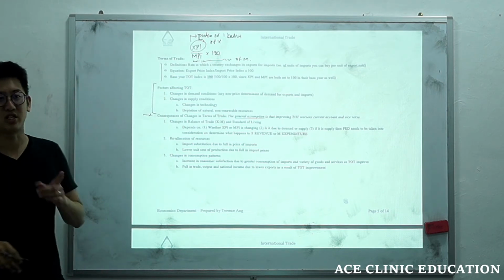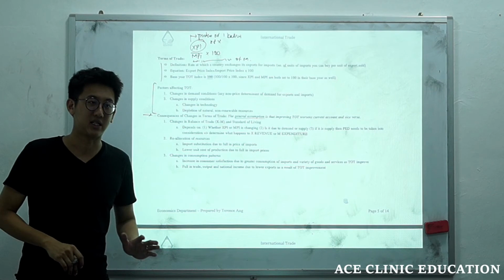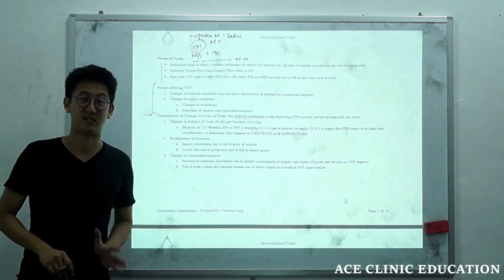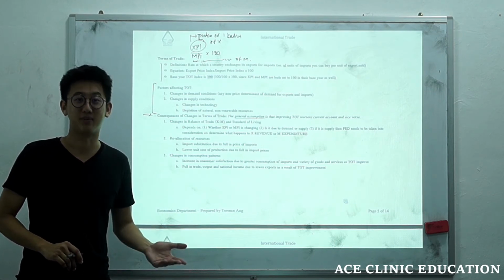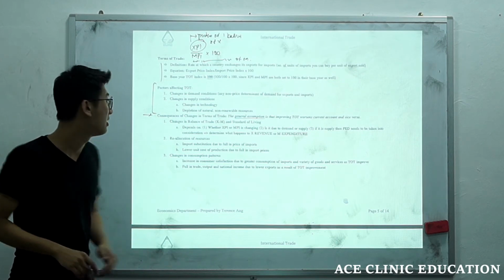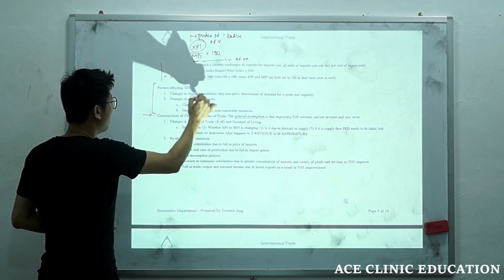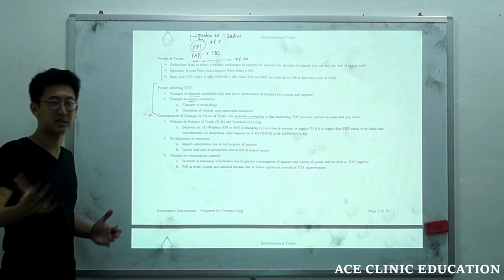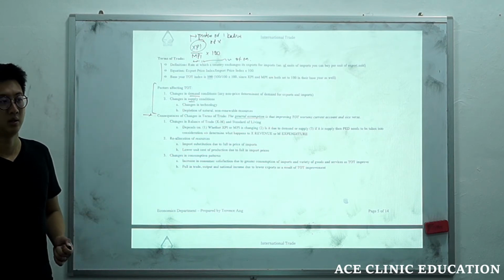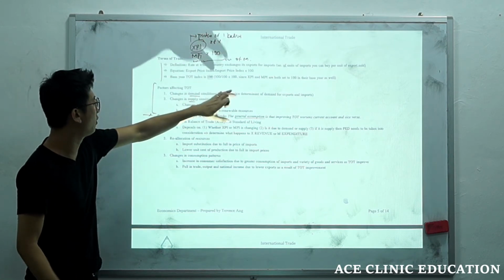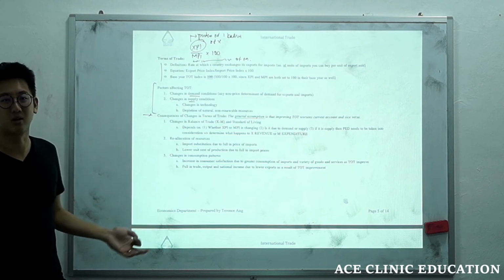What affects TOT? It's actually really easy. Because TOT is about price. Price means it's about demand and supply. Okay? So demand, supply of X or M. So anything goes. I give you a couple here, but really anything goes.